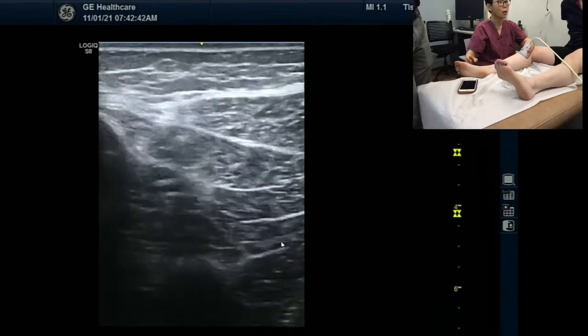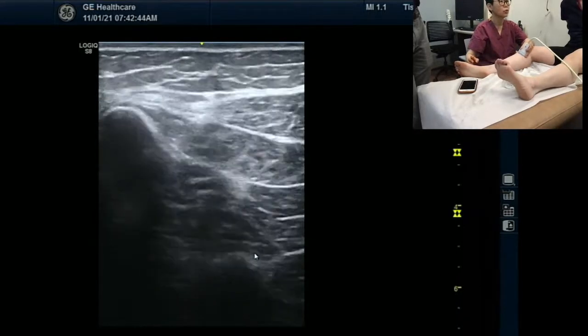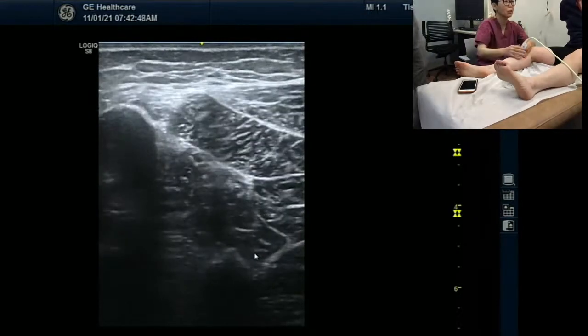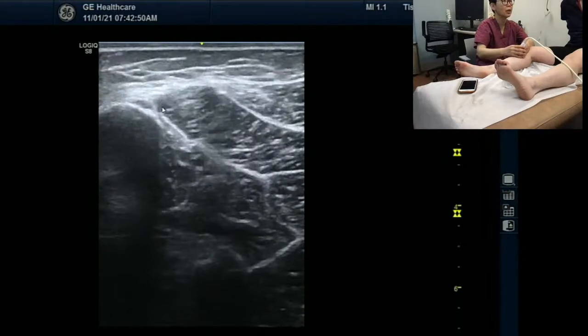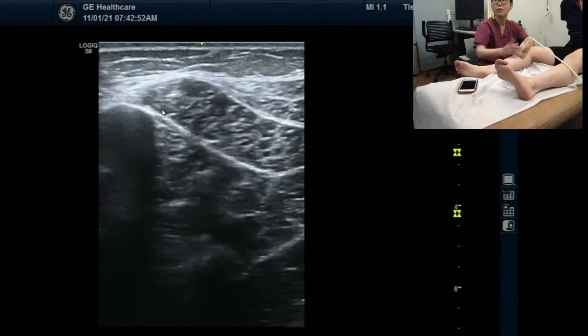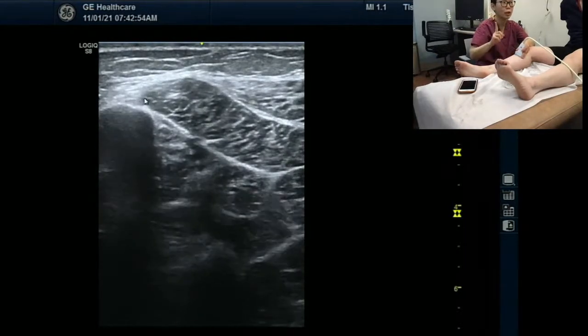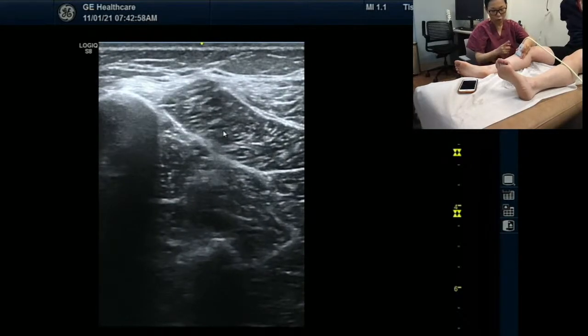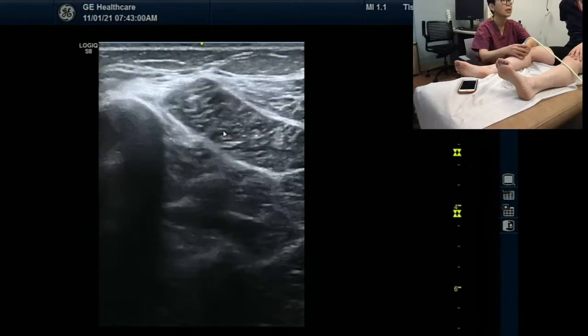Now if I move, the left side on the top of the tibia is disappearing and it's gone. Right? Pure soleus only. At this point, we are about one-quarter down from the knee.